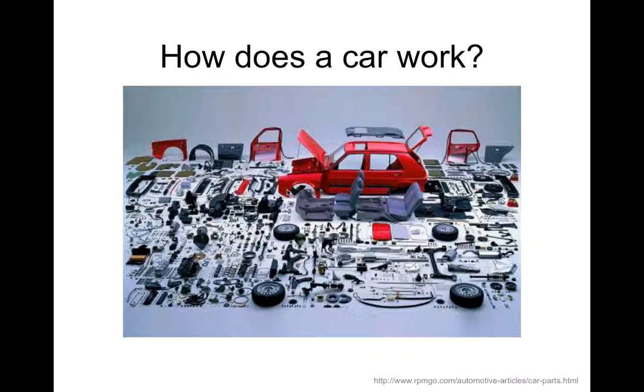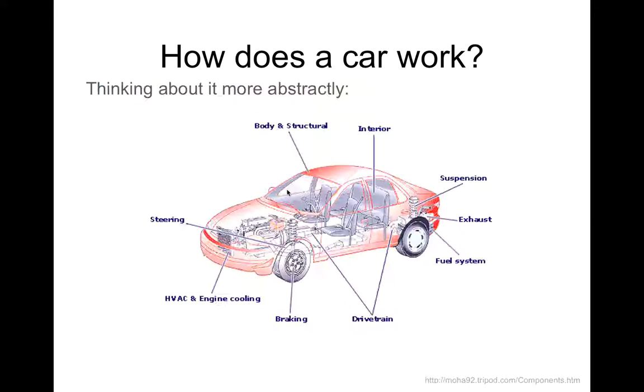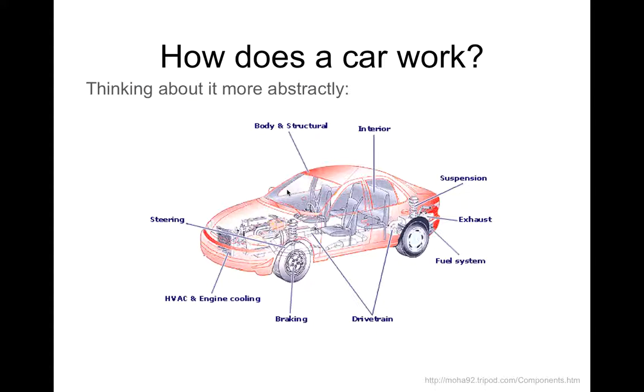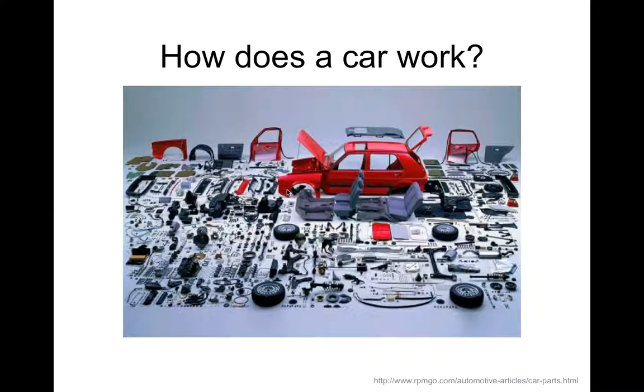If you think about a function, you can think about it in terms of how a car works. A car has lots of parts, right? And if you tried to lay out each part individually, it would be really hard to manage, to understand, and so on.